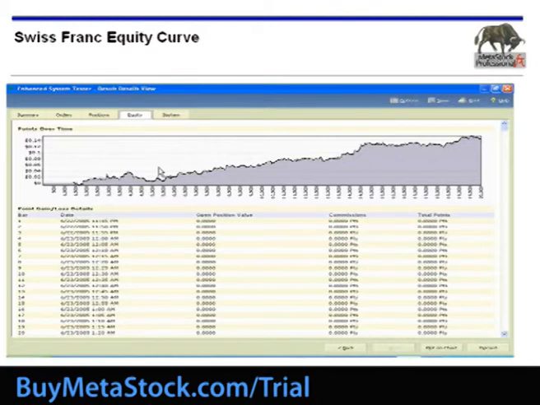This is what we want in an equity line. If we see something that looks more like a roller coaster, most of the time our hearts can't take it. We can't handle trading in this fashion. And so we do want a nice steady upward trending equity line.